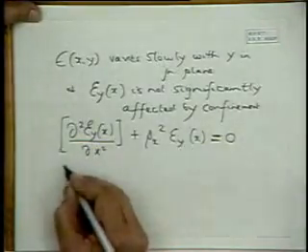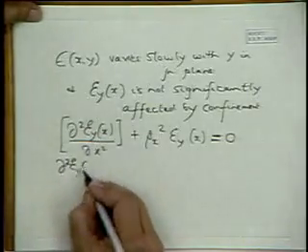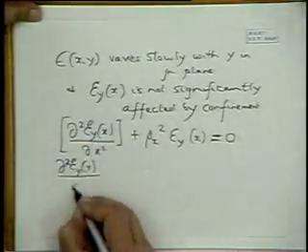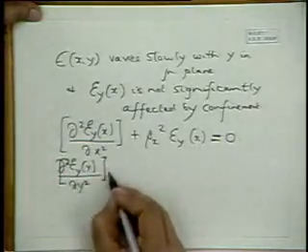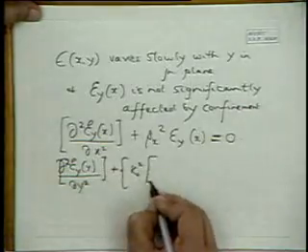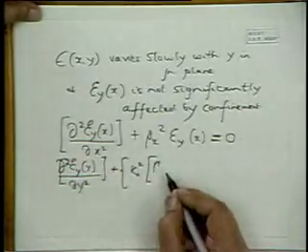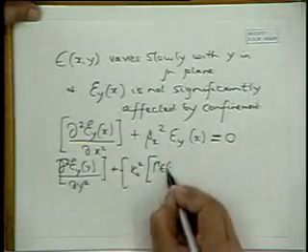Just to show that it is possible, you can work it out. You get d2 Ey by dy squared plus k0 squared, gamma, the confinement factor is coming in, epsilon 0.